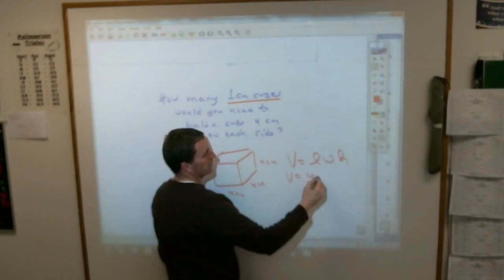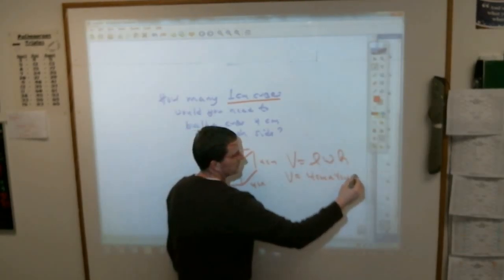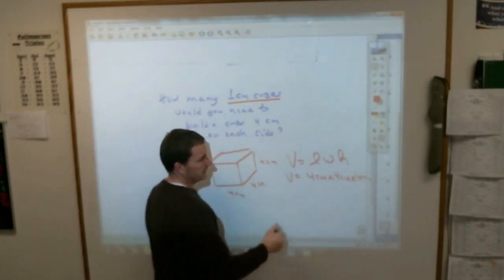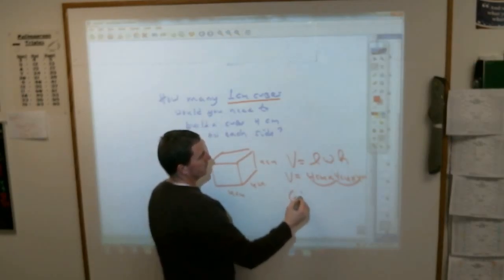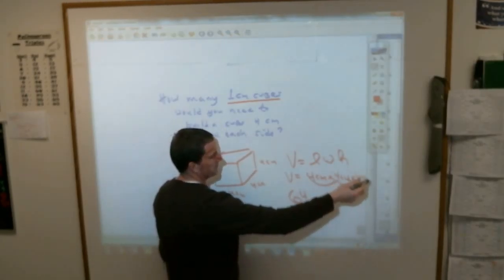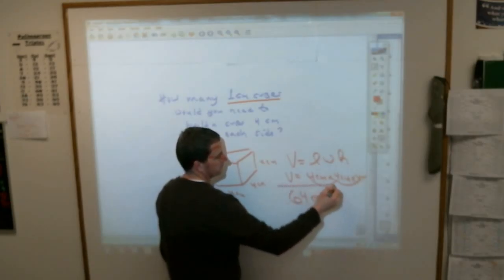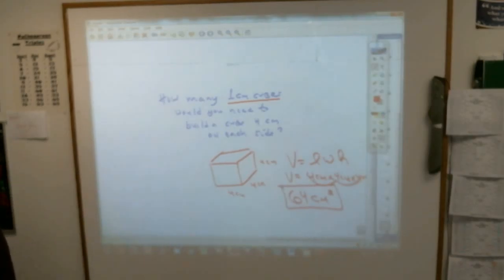Volume equals 4 centimeters times 4 centimeters times 4 centimeters. And 4 times 4 times 4, anybody? 64 centimeters times centimeters times centimeters. Centimeters cubed. 64 centimeters cubed.